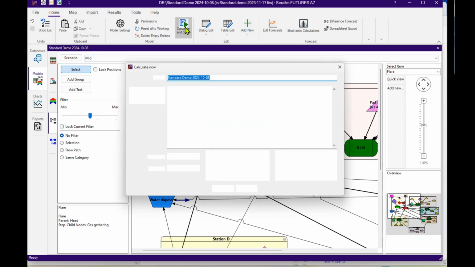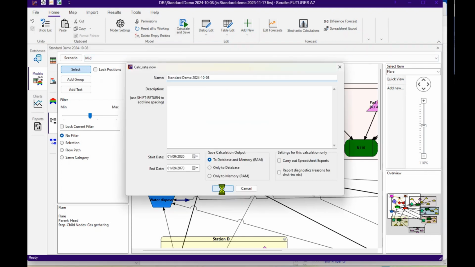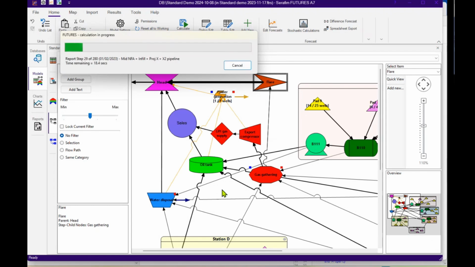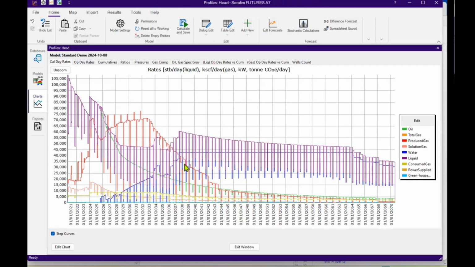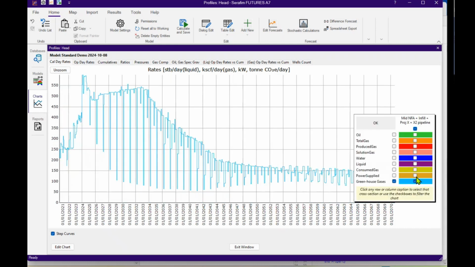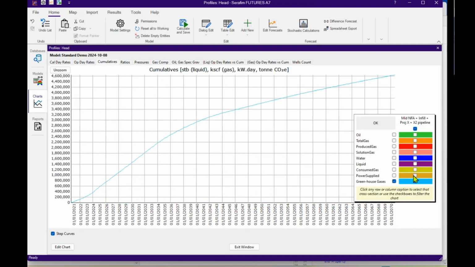So when we run the forecasts, what we'll see is greenhouse gas emissions in tons of CO2 per day, and it's also reported in cumulatives. So this is in tons of CO2 equivalent.